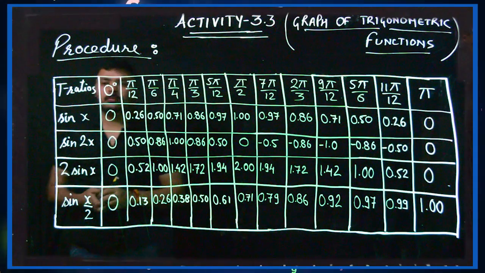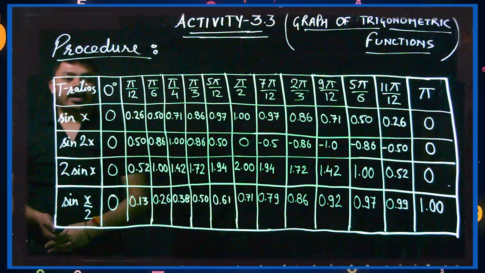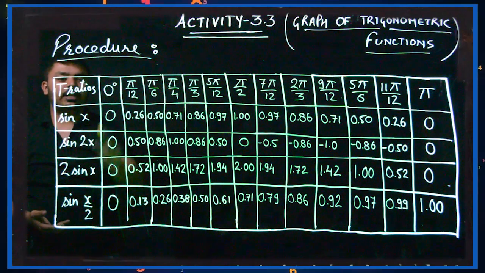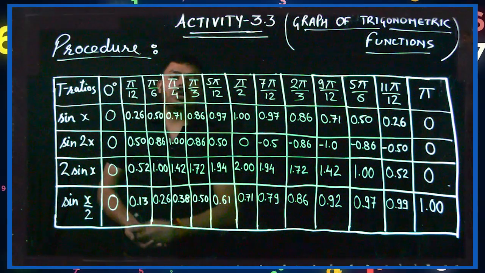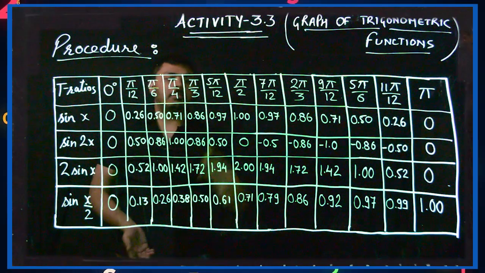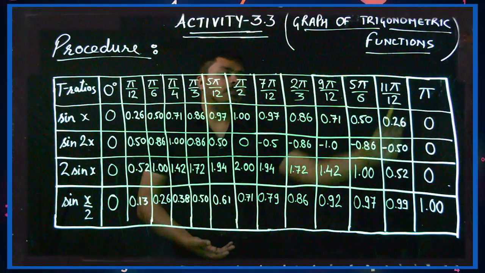So students, we have constructed our table of ordered pairs at different values of x, that is 0 degree, pi by 12, pi by 6, pi by 4, pi by 3, 5 pi by 12, pi by 2, 7 pi by 12 up to pi.